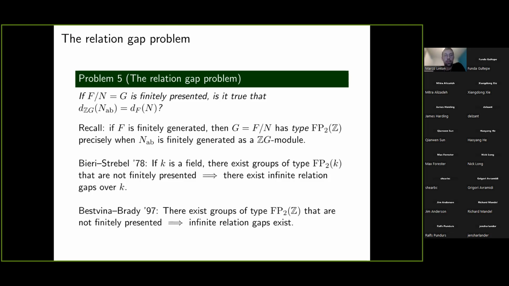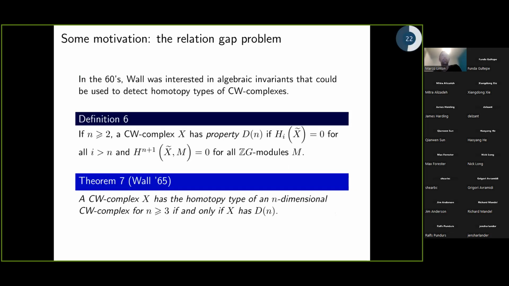Okay, so this problem has, I'll get to the origin in a minute. So, okay, in the 60s, C.T.C. Wall was interested in finding algebraic invariants of CW complexes to detect things like the CW complex being homotopy equivalent to a finite one, or to a finite dimensional one, or to something of a certain dimension.